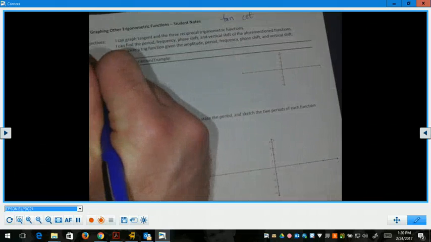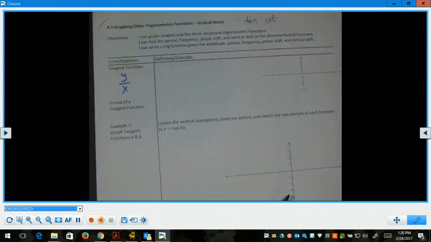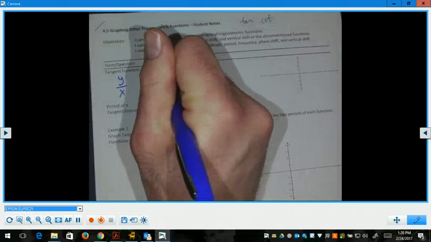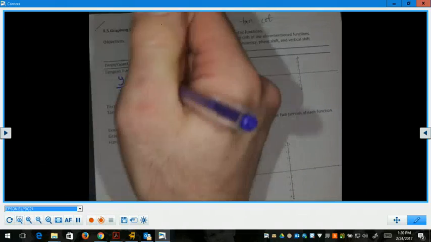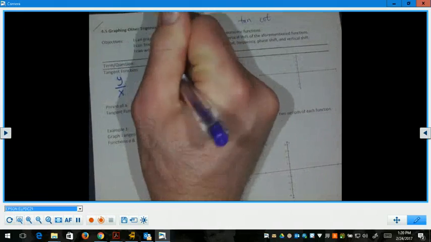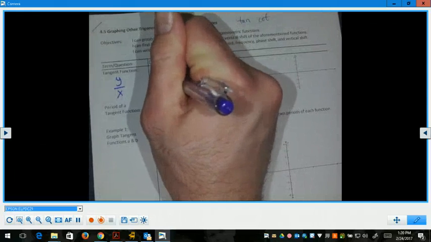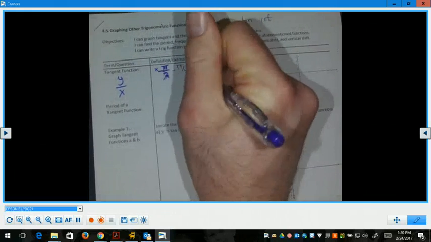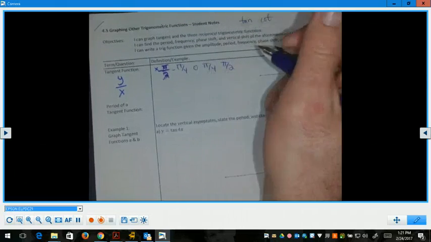And remember, when you go to do this, using the unit circle, you have to do y over x. If I'm going to do cotangent, what do I need to do? X over y. So I'm actually going to start at negative pi over 2, and making my way to positive pi over 2, so that's negative pi over 2, negative pi over 4, 0, pi over 4, and pi over 2.